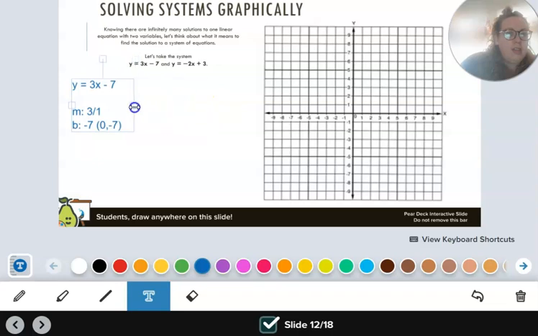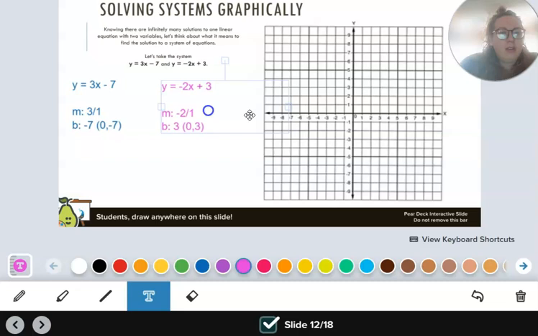Great. Then we have another line, y equals -2x plus 3. Our slope is -2, or -2 over 1, and our y-intercept is 3, which is the point 0, 3.